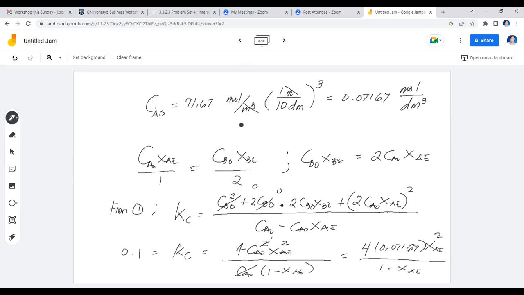So we can conclude from that phrase that there is no B initially present, because the system starts with dinitrogen tetroxide, and this is the one that is going to decompose to produce your nitrogen dioxide, which is our B.